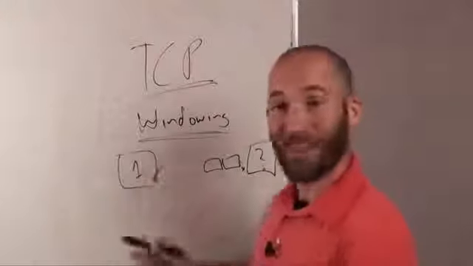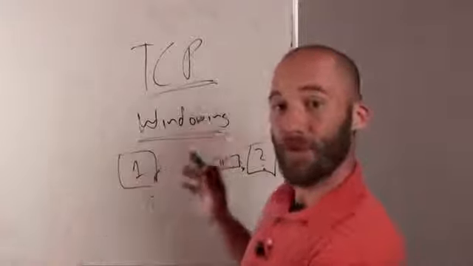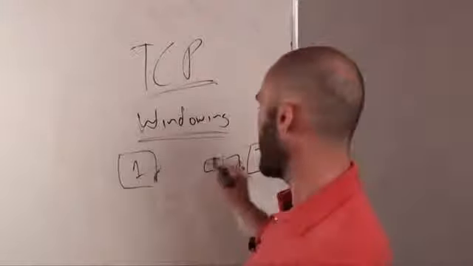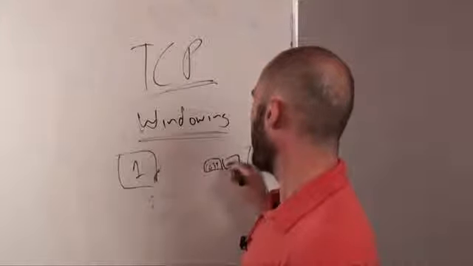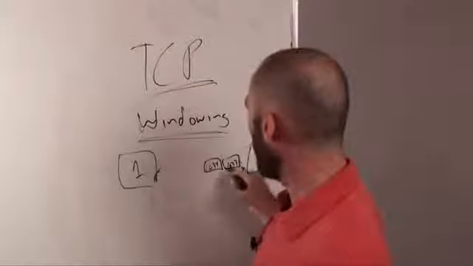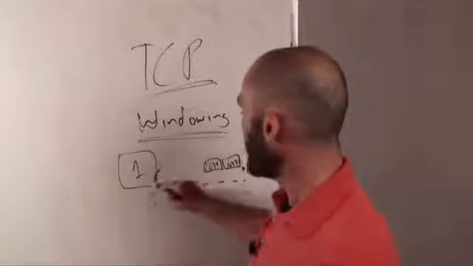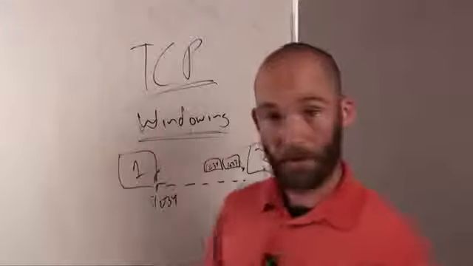So computer 1 sent 128 packets, and computer 2 only received 2 of those in order. Let's say at this point, packet 1034 or 1033. Computer 2 will then say, hey, the last packet I received in order was packet 1034.